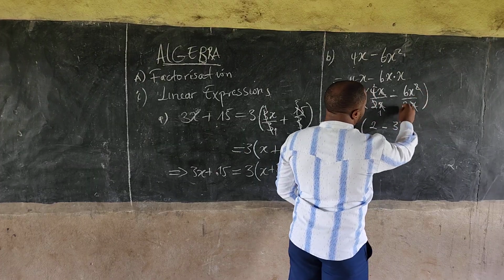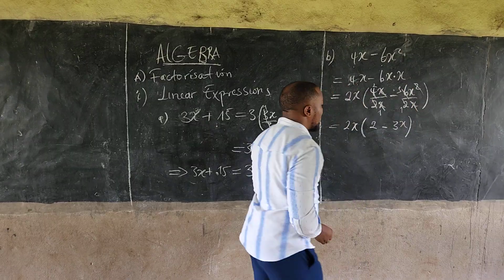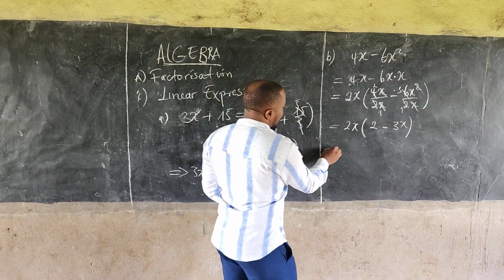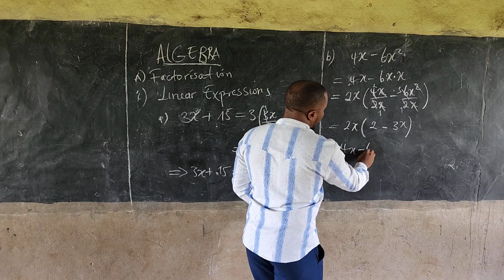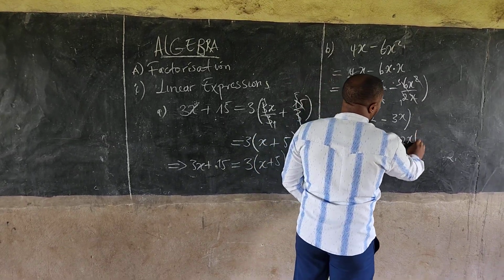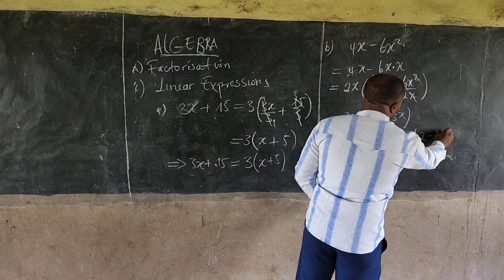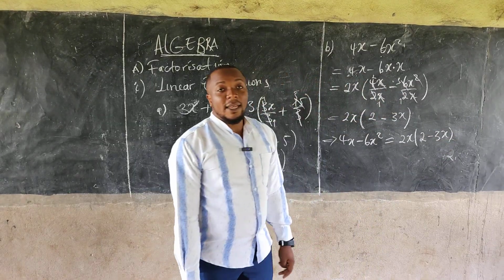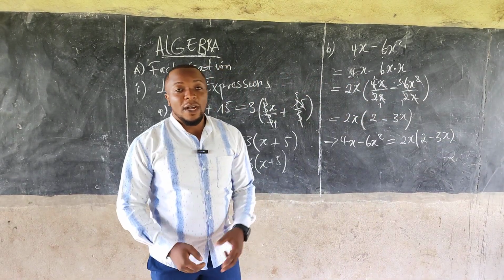This takes off this, and here we have 3. So it simply means that the expression 4x minus 6x squared can be factorized and written as 2x into 2 minus 3x. So basically, this is the concept of factorization.